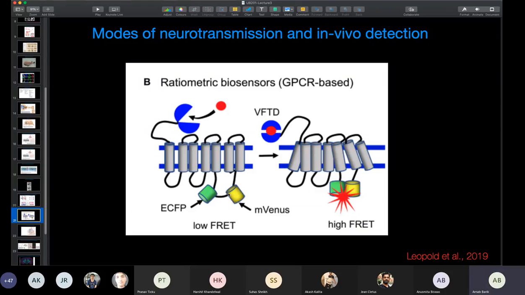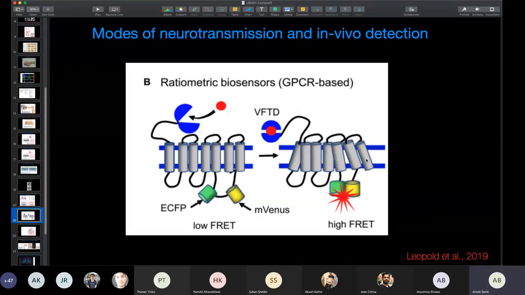It's quite different from when this GPCR binds to its ligand, say, a neuropeptide. What happens when the ligand binds to the GPCR is that it changes the conformation. The green and yellow then come together, and basically the fluorescent level changes, or the color changes, or it just gets brighter.